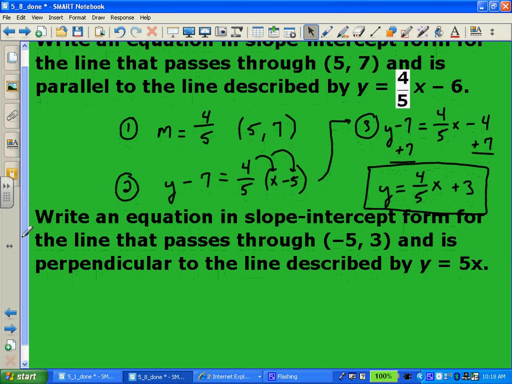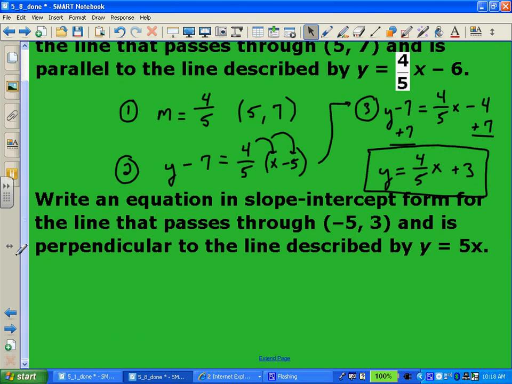Now let's do a perpendicular one. Again, I would encourage you to pause the video, try this one on your own, and see if you can get it right. Here, we want a line that passes through (-5, 3) and is perpendicular to the line y equals 5x. The slope of the line that I'm given is 5.